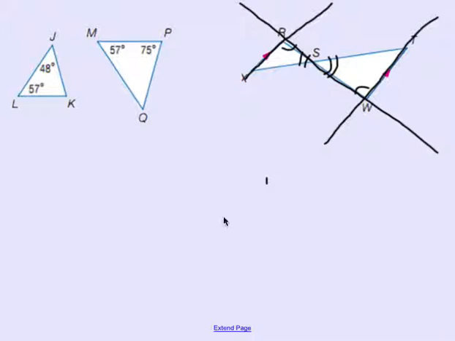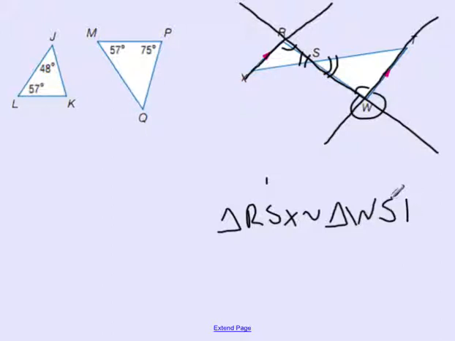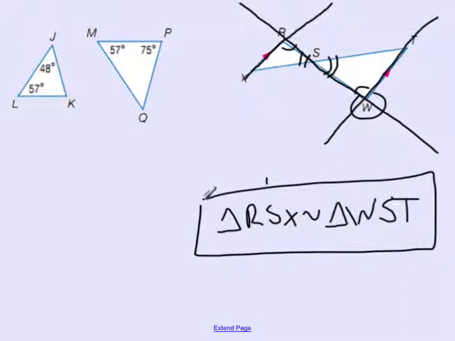We have triangle RSX, and that's going to be similar to, well, R is going to correspond with W because they both have the arc. Those are the alternate interior angles that are congruent. S is congruent to S. And lastly, we know by default T is going to be congruent to X. So here is our similarity statement for part B.